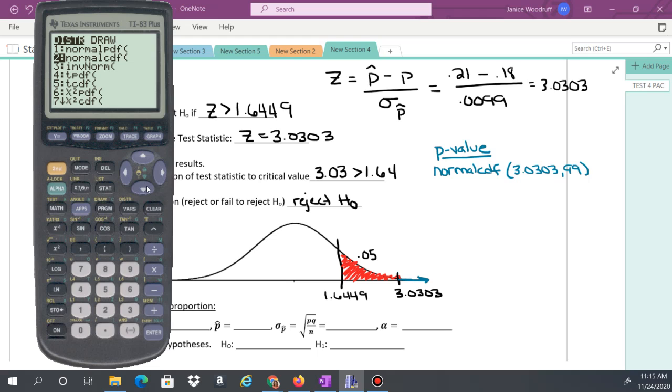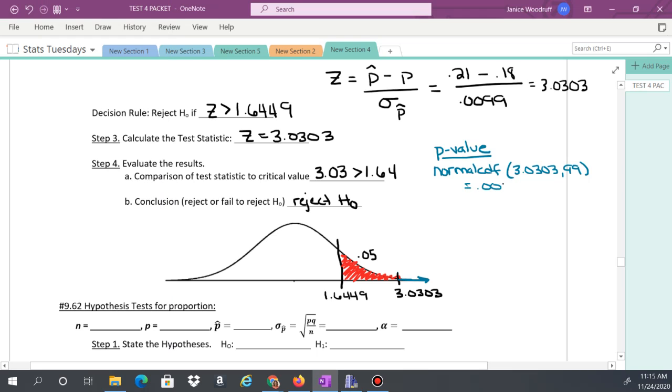So normal CDF, 3.0303, comma, 99. And that gives us 0.0012. And then our alpha, our significance level, was 0.05. So we compare those. We have the p-value first, then the alpha. It is less. When it is less, you reject.